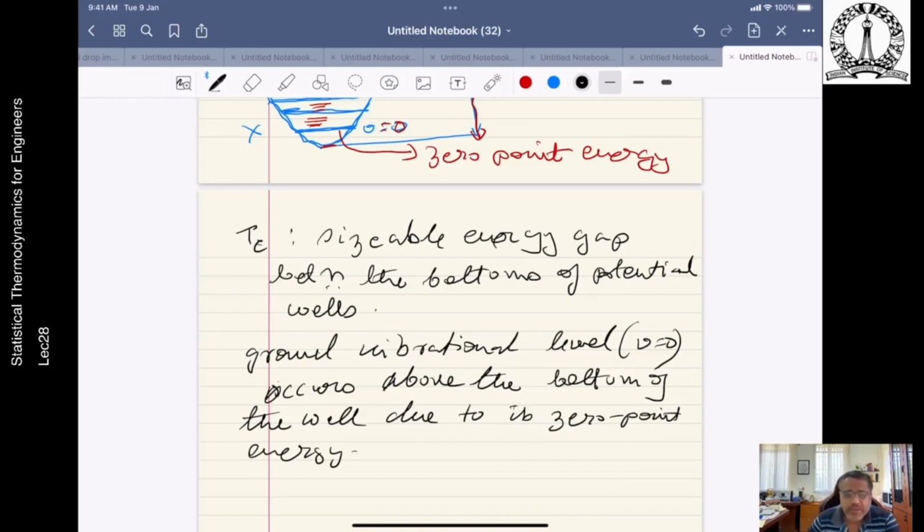So each electronic state, we already said, is represented by a Morse potential.